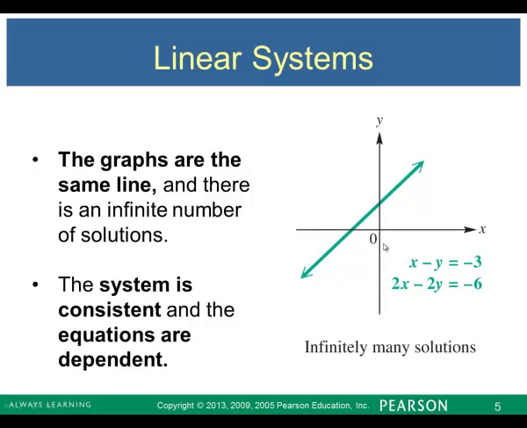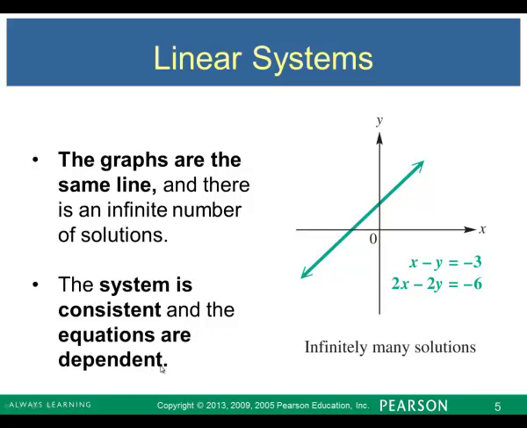Here we have two equations, x minus y equals negative 3 and 2x minus 2y equals negative 6. It's like one line is on top of the other line, and so all the points on that line are a solution because they're all common. They all share the same solution. So there are infinitely many solutions here.